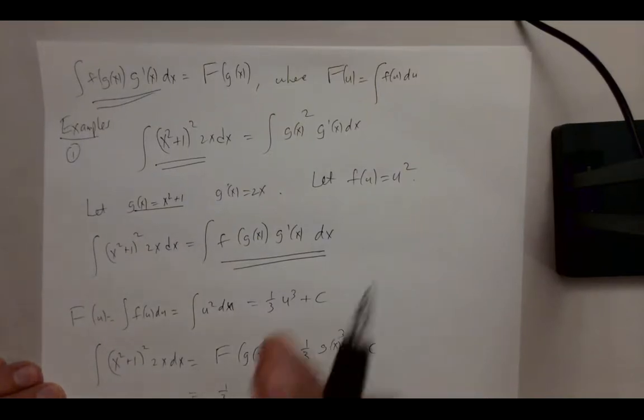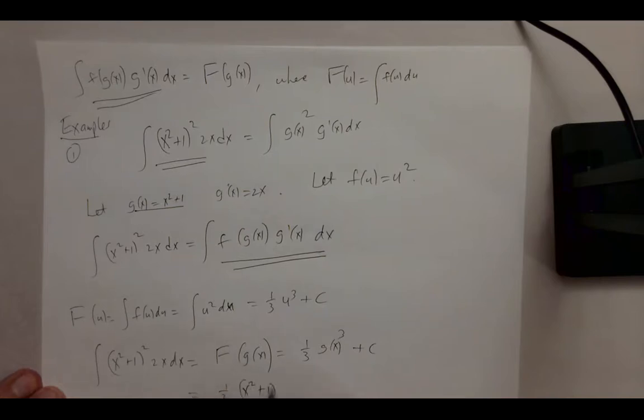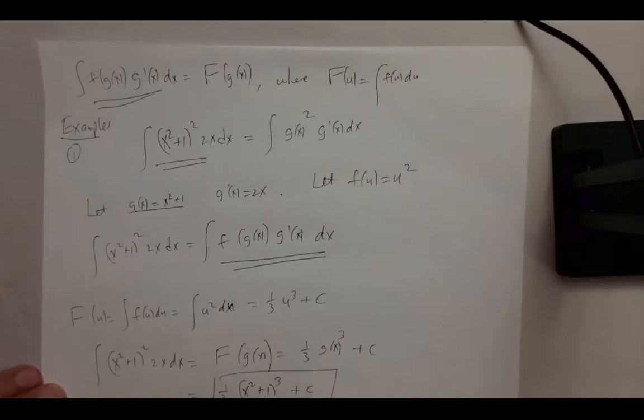What is g of x? g of x is x squared plus 1. So this is 1/3 (x squared plus 1) cubed plus a constant. So this technique of substitution gives us the integral.